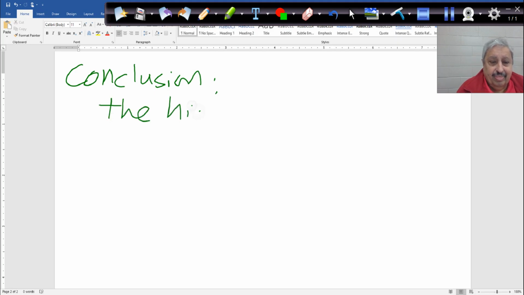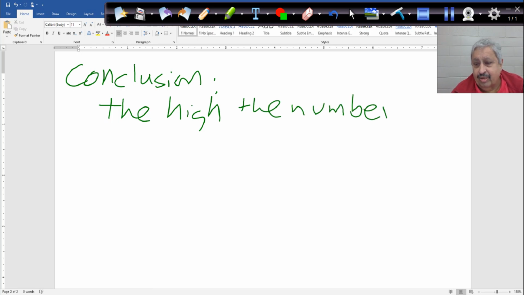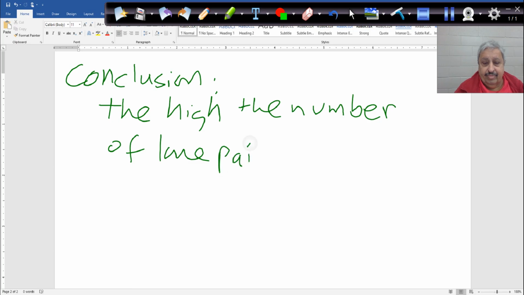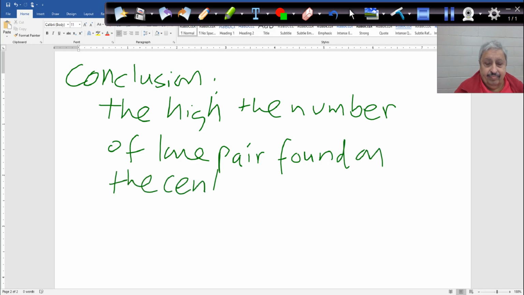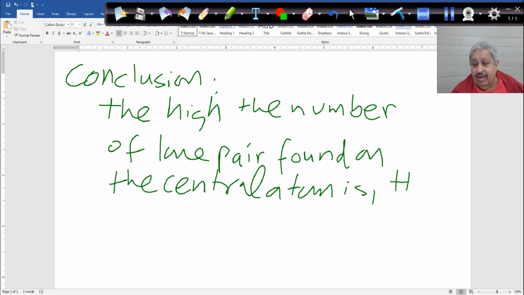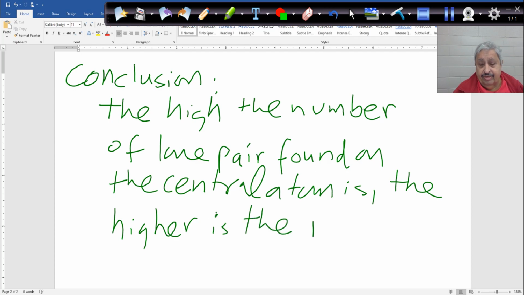The higher the number of lone pairs found on the central atom is, the higher is the polarity.